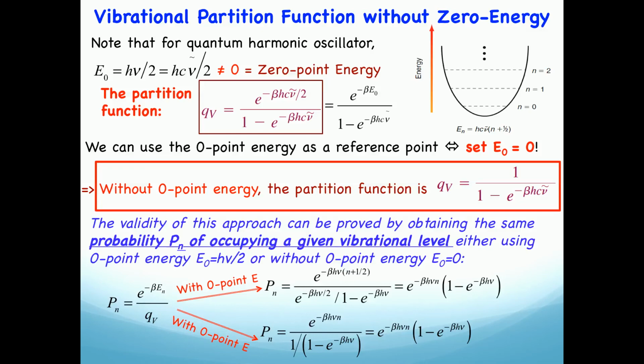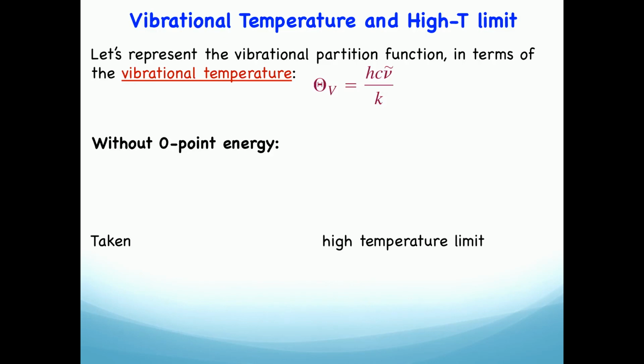So once the partition function is known, we need to follow this trend, finding the total energy and finding the heat capacity. And again, let's write it without zero point energy, through the vibrational temperature, just because the formula by itself is easy to remember and simpler. It has fewer letters in it, right?